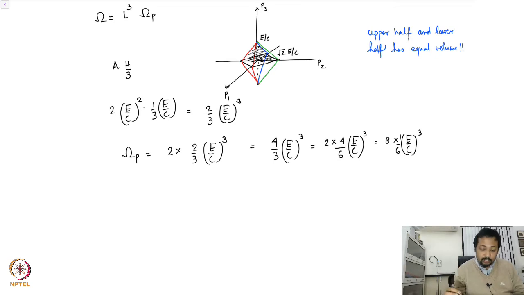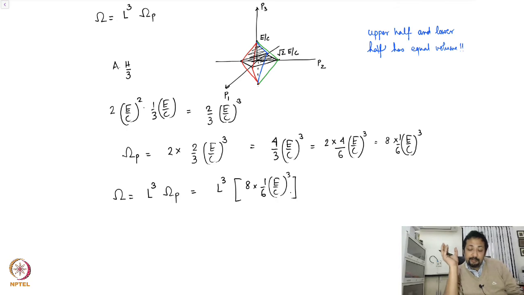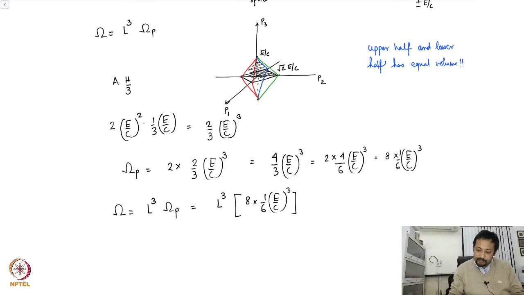So for the 3-dimensional case, omega is L cubed omega P, which is L cubed times 8 times 1/6 times (E by c) whole cubed. Now the whole trick is to figure out the volume of a hyperdimensional pyramid. That we can do just by looking at these two examples.